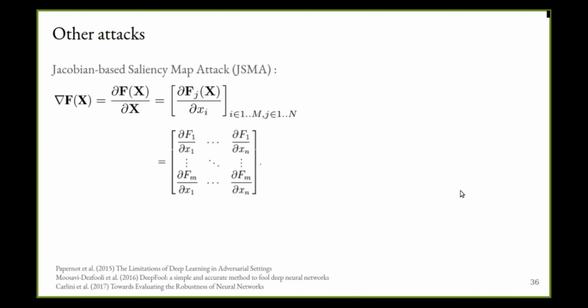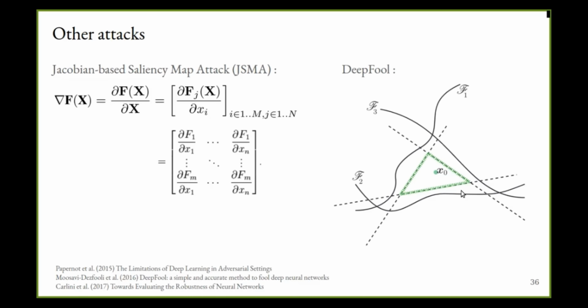This method is iterative, so we will choose a feature in each iteration until we reach the adversarial objective.